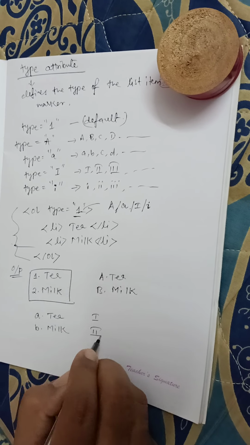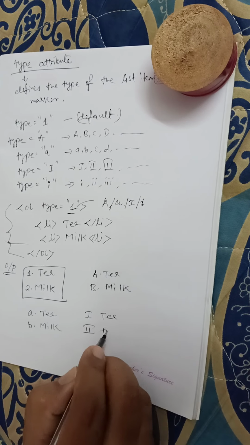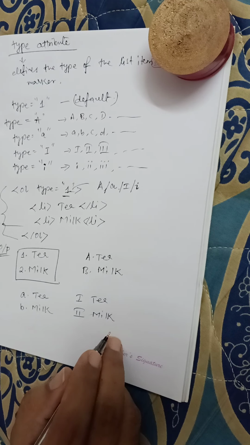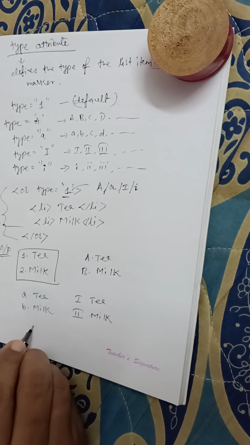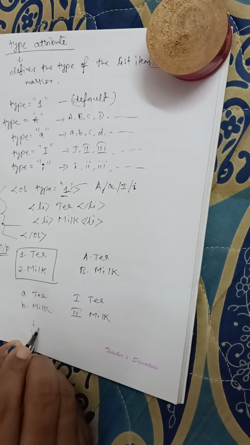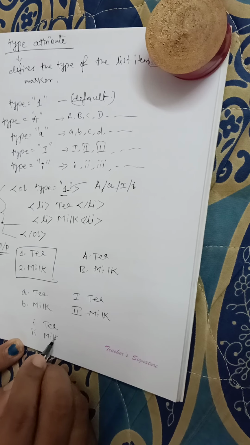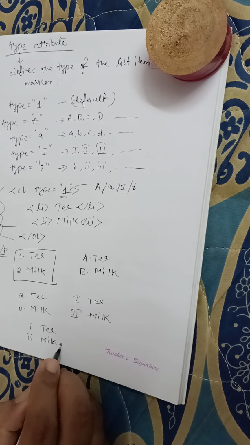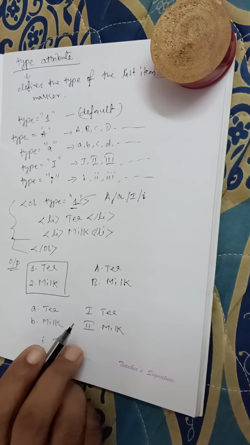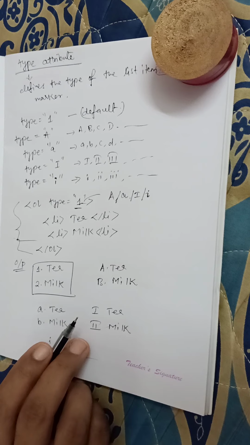Suppose first, second, so uppercase Roman letters, tea, milk, this is how I'll be getting my output, and the last case is lowercase Roman number. We can have tea, milk. Okay, so this is about your ordered HTML list.